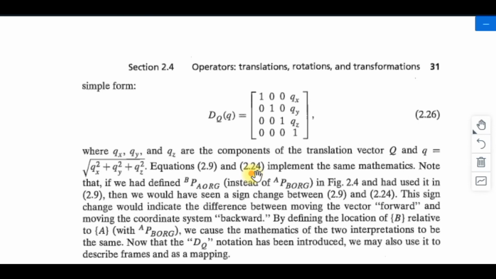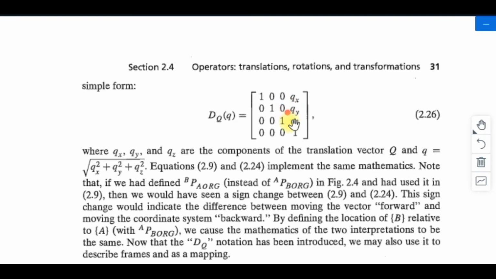So in simple form, look at the DQ, it is nothing but an identity matrix with qx, qy and qz.